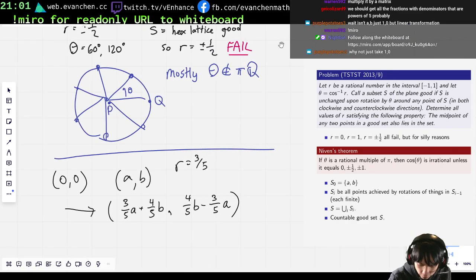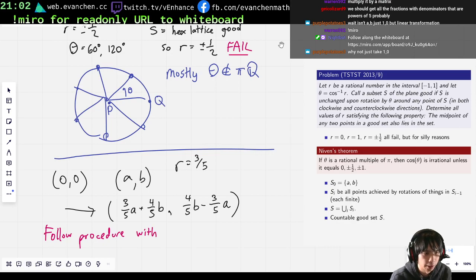And so in particular, if I follow the procedure that I described, you get a countable good set S that I a moment ago said was just terrible. Why not (1, 0)? Oh, because in a moment I'm going to need to generalize slightly. But if I start with (0, 0), (1, 0), then I get a countably infinite set S, but it has the following property.